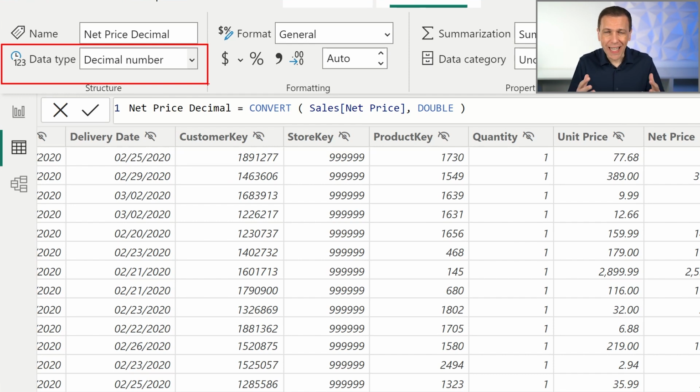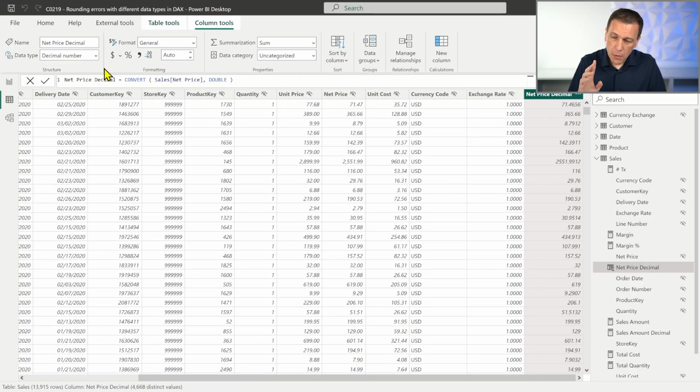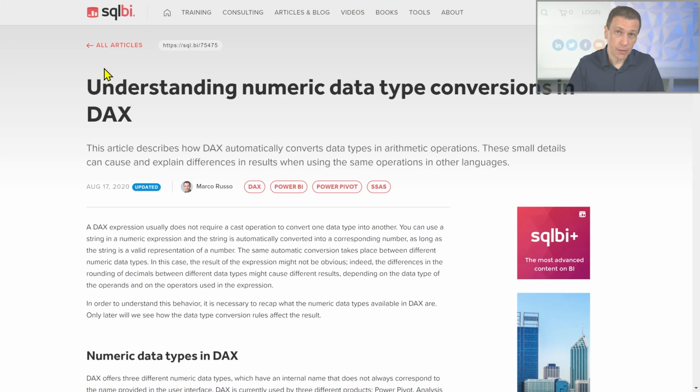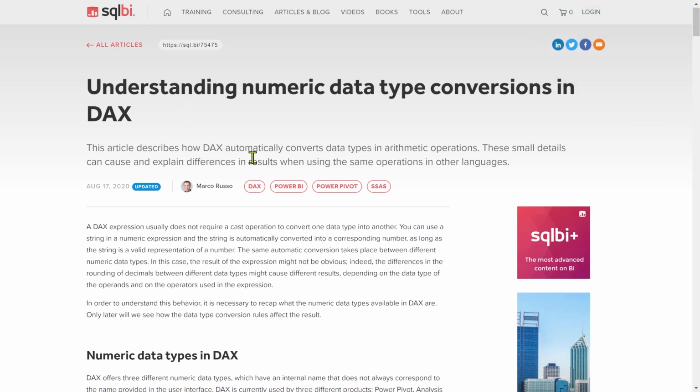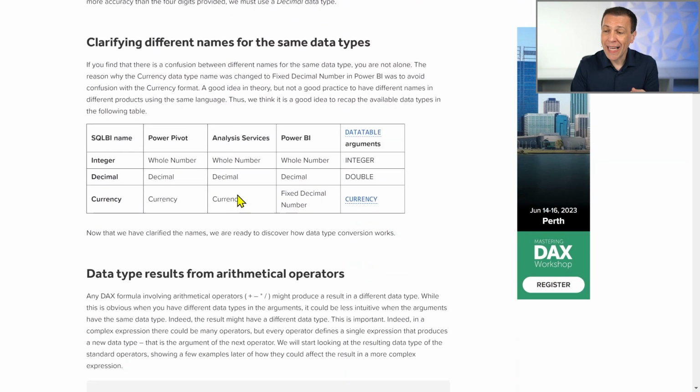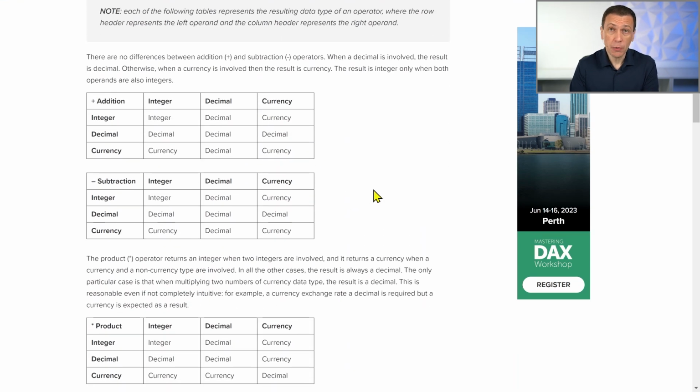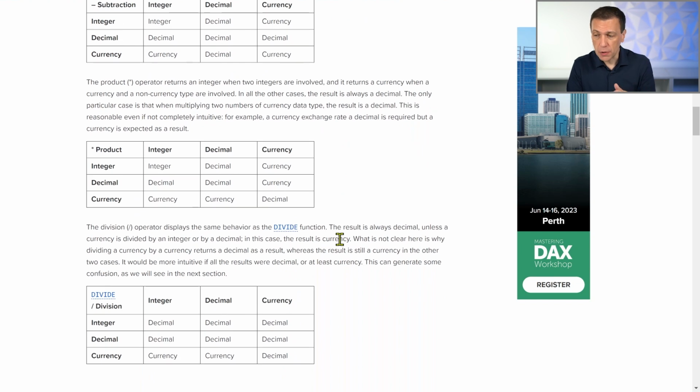So we're going to analyze the different types of rounding that are used when we manipulate arithmetical operations and aggregations over these columns. We already have an article that describes what happens to the data type when we apply different arithmetical operations, like the sum, the subtraction, the product and the division. And you can see that by multiplying, for example, a currency by another currency, we get a decimal.